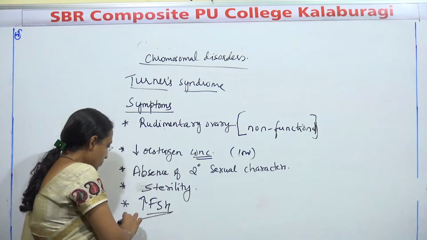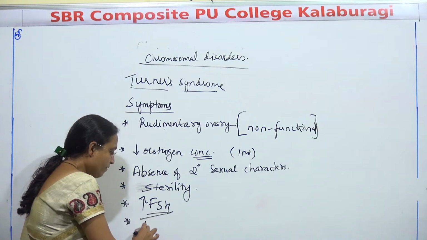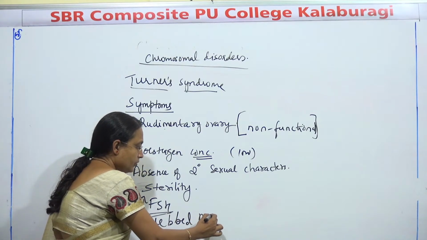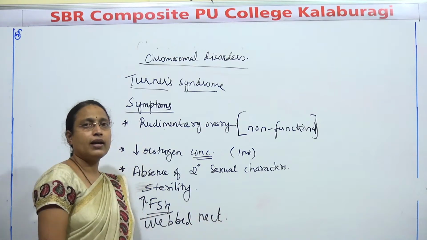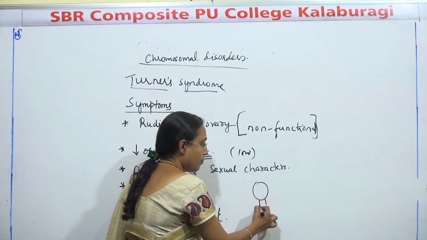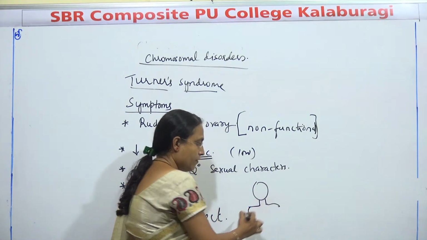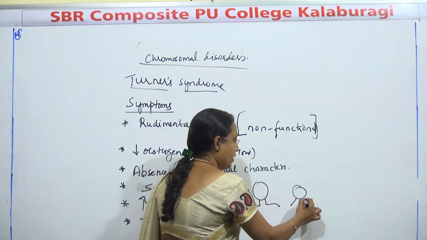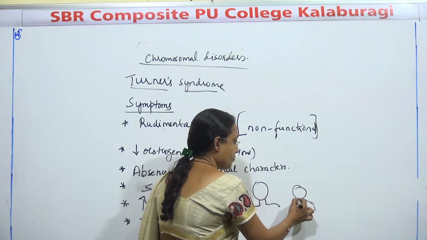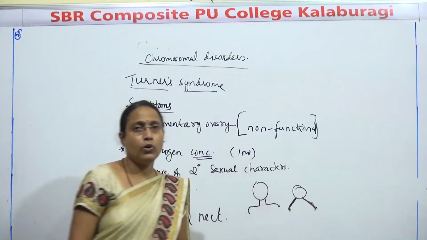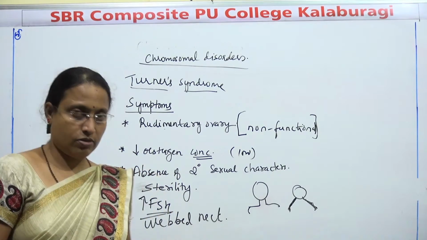Now other symptoms include a webbed neck. Skin folds will occur near the neck. If this is the normal neck present in an individual, a webbed neck will be very broad along with folds of the skin.